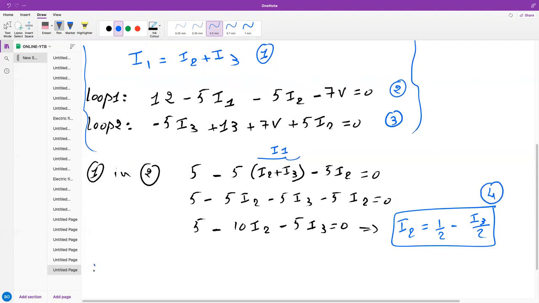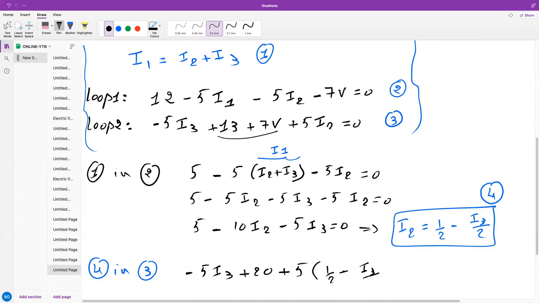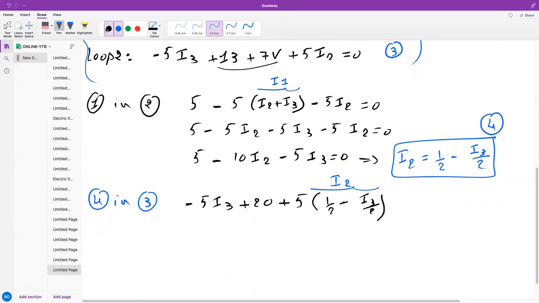Then I will plug equation number 4 into equation number 3, which is the one that corresponds to loop number 2. This will give me minus 5 I3. Here, 13 plus 7 will give me 20 volt, plus 5 times I2, which I replace by equation 4, 1/2 minus I3 over 2. So now I can isolate for I3.